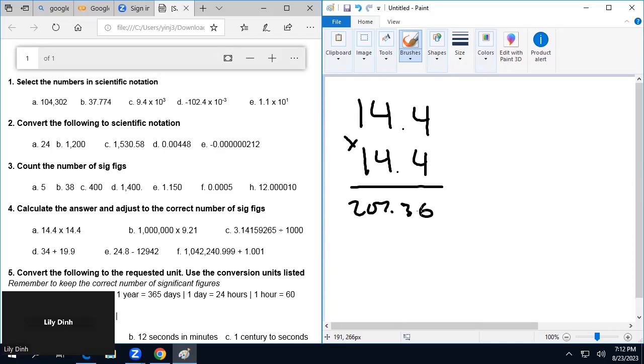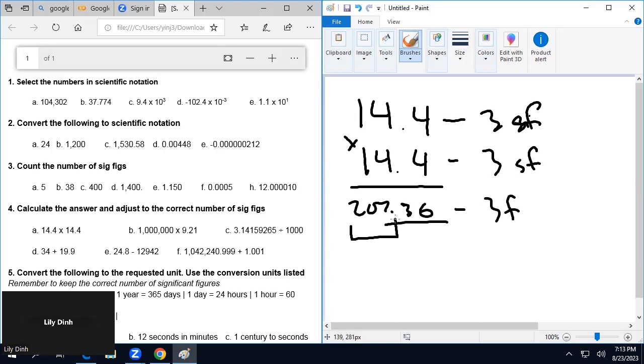Oh, no, that's the addition. So 1, 2, 3, it has to be 3 significant figures, so it's 207. That is correct. You count the number of significant figures, 3 sig figs, and this one's also 3 sig figs. So your answer can only have 3 significant figures. Please don't pick these ones, you have to pick from the beginning. So that'll be 207 in this case.